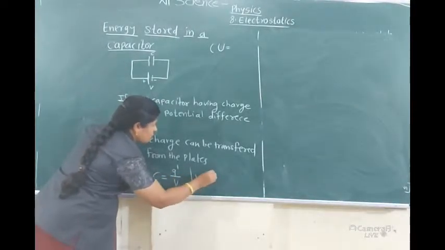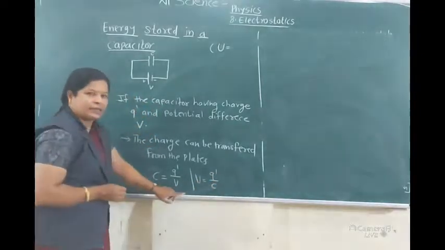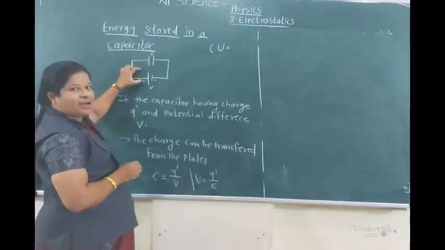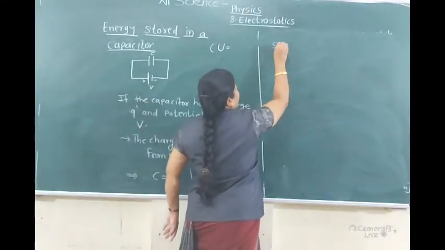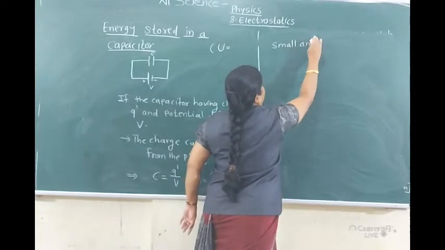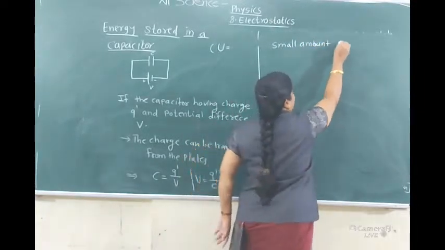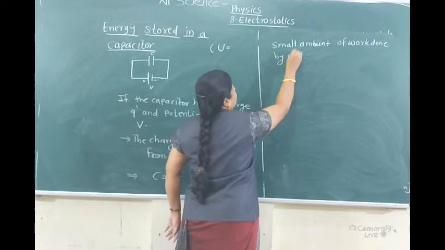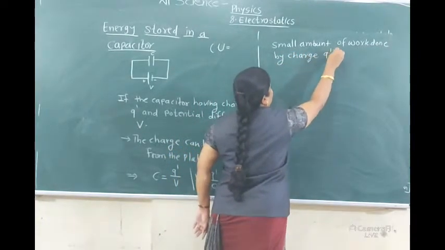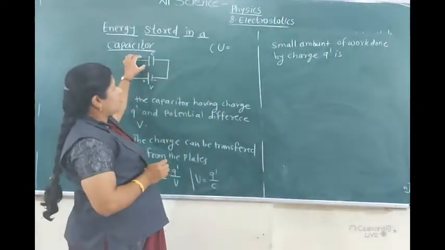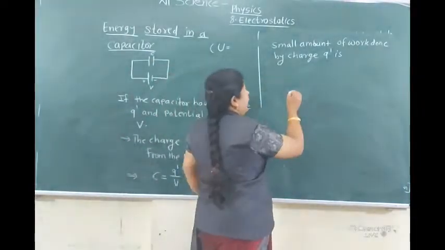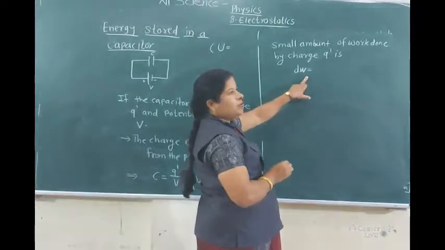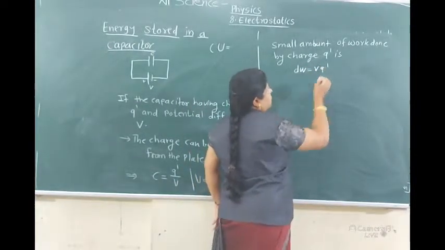Again phi is equal to Q dash divided by C. So a small amount of work done by the charge Q dash is, work done dW is equal to phi into Q dash.